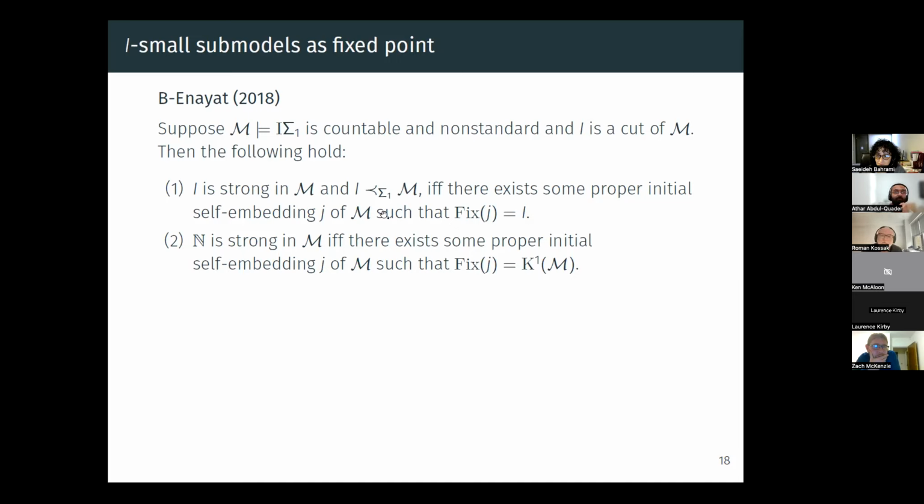Any other questions or comments? Oh, go ahead, Ram. So this might be somewhat technical, but I do not quite remember all the technical details of the results you were talking about, models of PA. But I remember that part of the motivation for studying these extendability questions was questions about automorphism groups of initial segments, and the fact that you can extend certain automorphisms to an elementary end extension later had some applications.